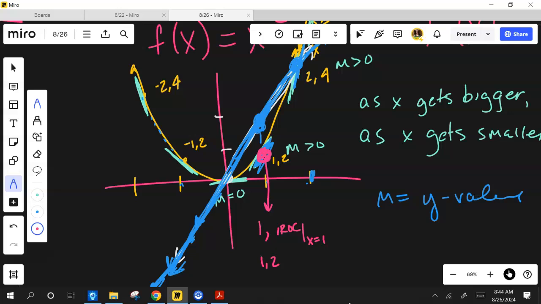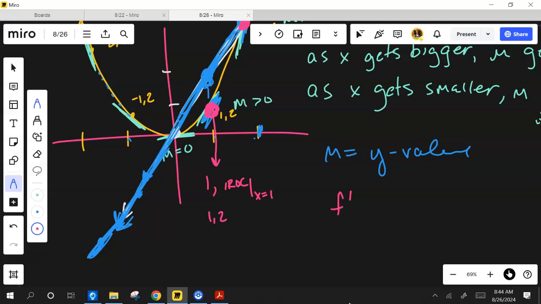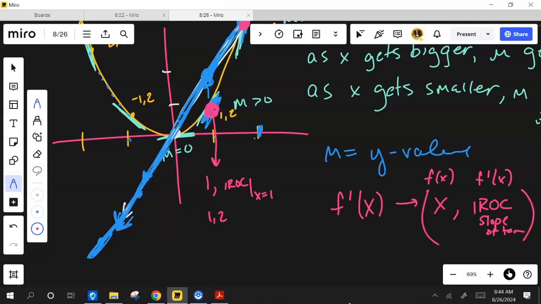When I graph the derivative, when I graph f prime, I am graphing the x value from f of x, and I am graphing the IROC of the function at that point, which is the slope of the tan line at that point. That's the derivative.